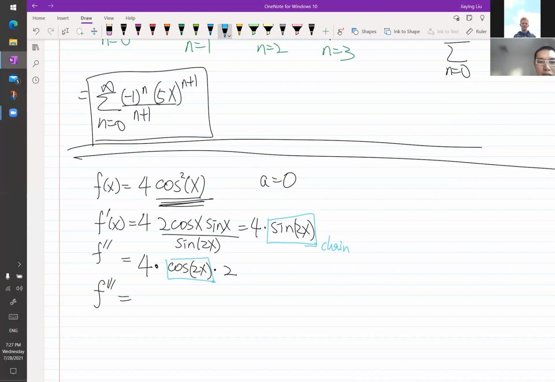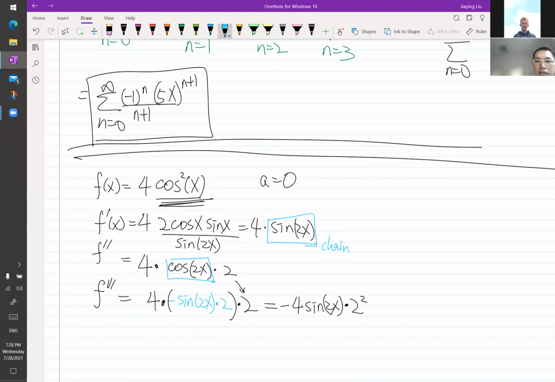So cosine gives you negative sine 2x times 2. But before that, you still have a 4 multiplied. So just multiply by negative. And then after that, you still have a 2 from the previous step. You can write it as negative 4 sine 2x times 2 squared. So don't combine the 4 with the 2 squared, just keep them separate for all those steps.